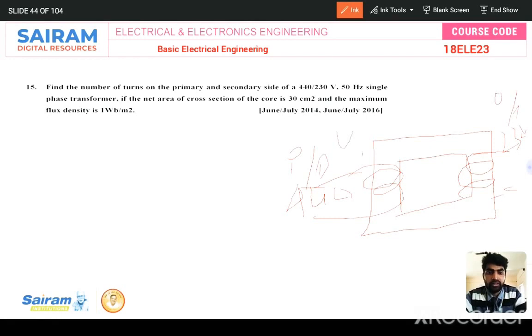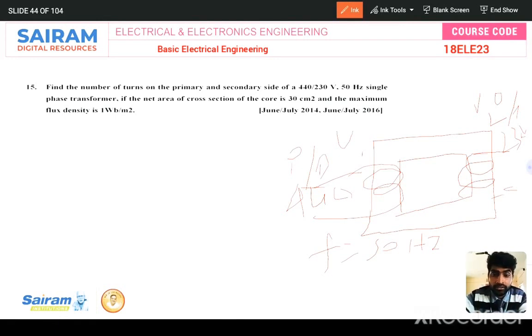V1 they have given, and then here this is V2. And frequency they have given, 50 hertz. Single phase transformer, this is a single phase. Sometimes they may give a three phase transformer. For your syllabus, only single phase transformer is present. That's why they have taken problems from the single phase transformer topic, right?